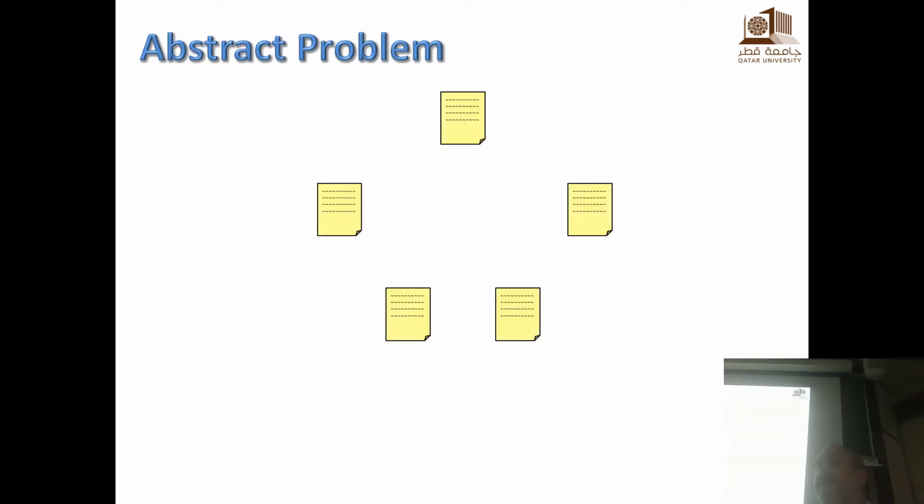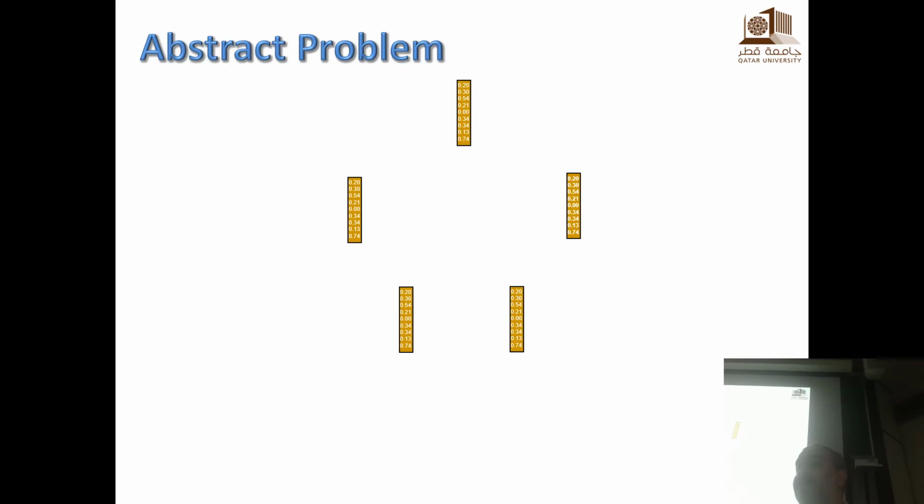So what is the abstract problem now? Remember, the problem is called pairwise document similarity. We want to compute similarity between every pair of documents in a collection. That's the main problem here. So if we think of it the way that we just mentioned, every document will be represented as a vector.